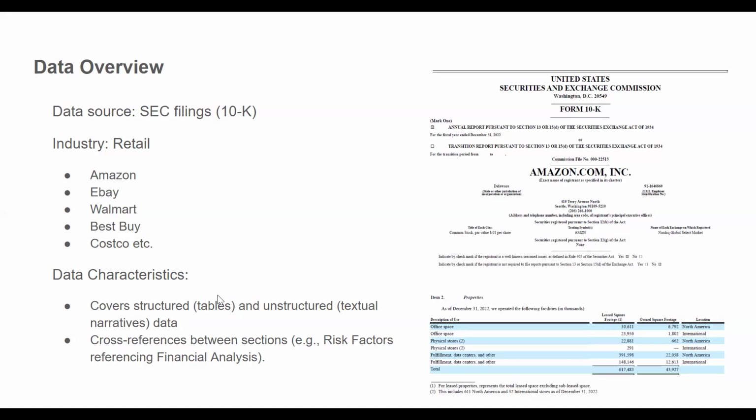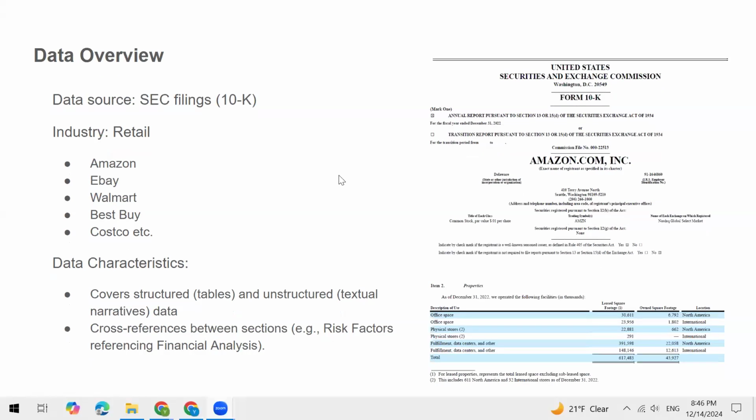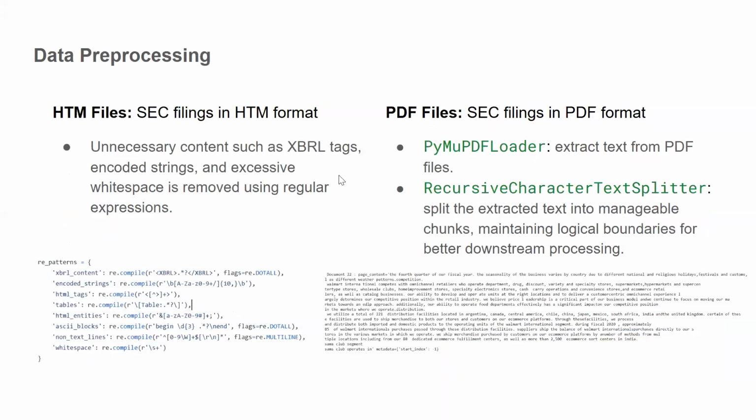Another characteristic of these filings is cross-reference between these sections, like the risk factors could reference the financial analysis. The next is about the pre-processing. Actually, we started with the HTML files because this format is readily available from the SEC API.